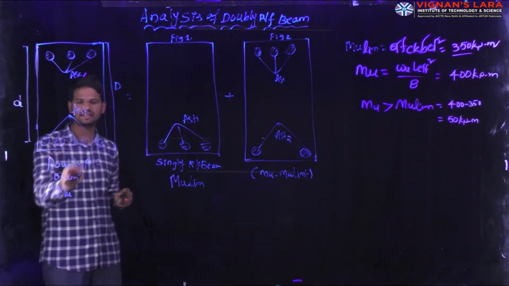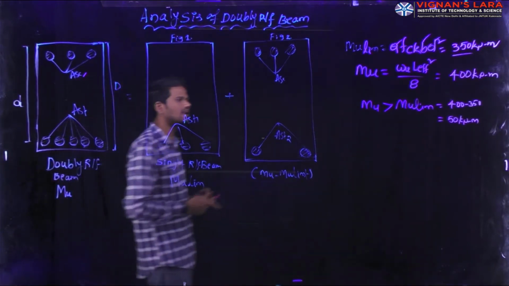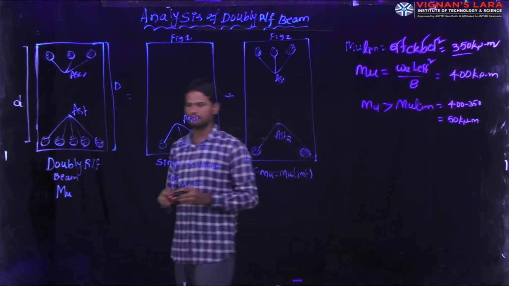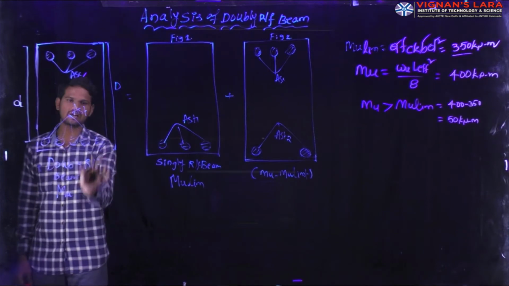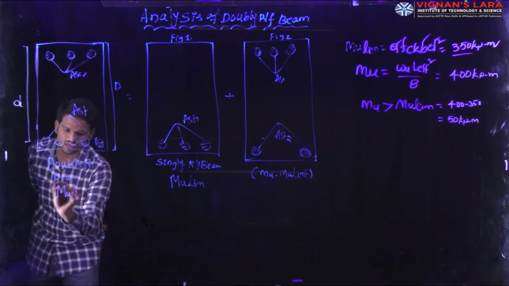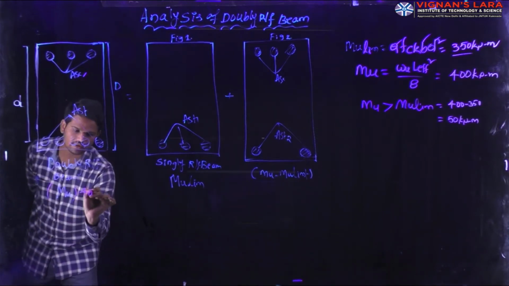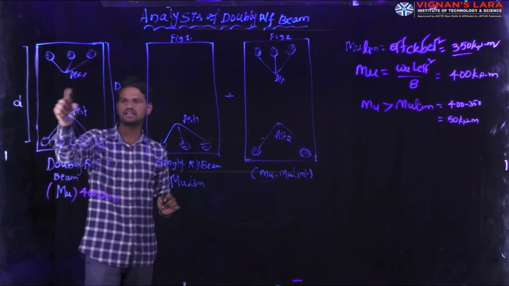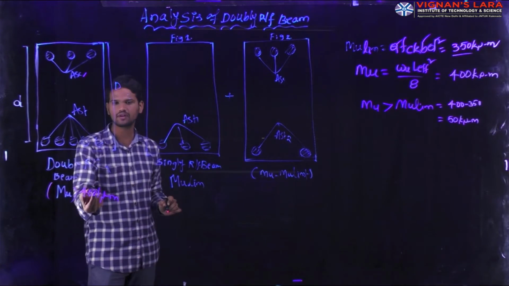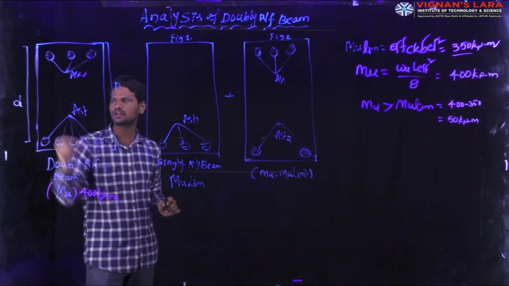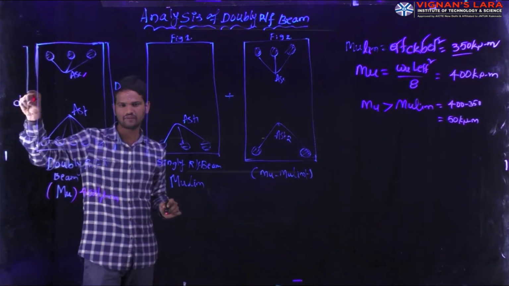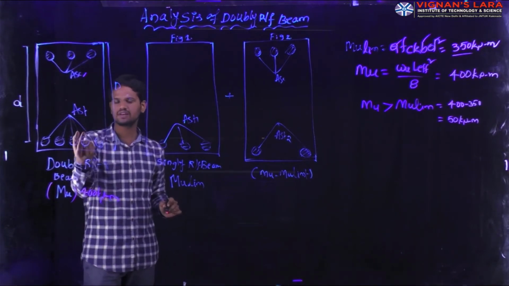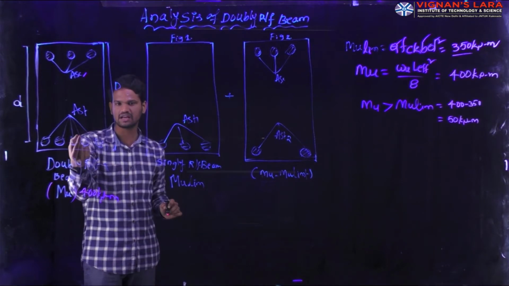Suppose in this doubly reinforced beam, the applied moment we are taking as 400 kilonewton meter. That means this beam we are designing for 400 kilonewton meter. That means we consider some effective depth of the beam, area of the steel reinforcement in the compression zone as well as area of the steel reinforcement in the bottom zone.